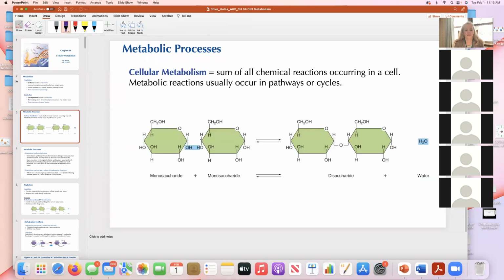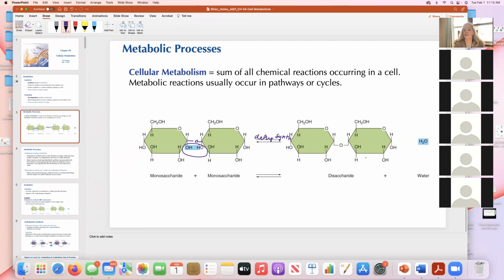Okay, so we're going to remove water right here, and we're going to form a bond right here. Actually form an ester linkage. Okay, so this is dehydration synthesis in this direction. All right.